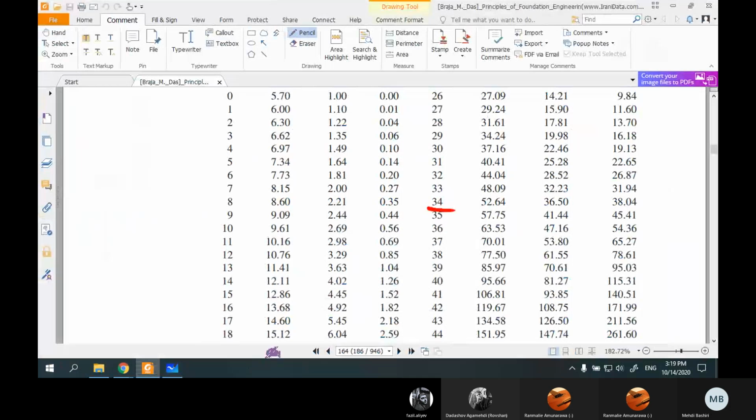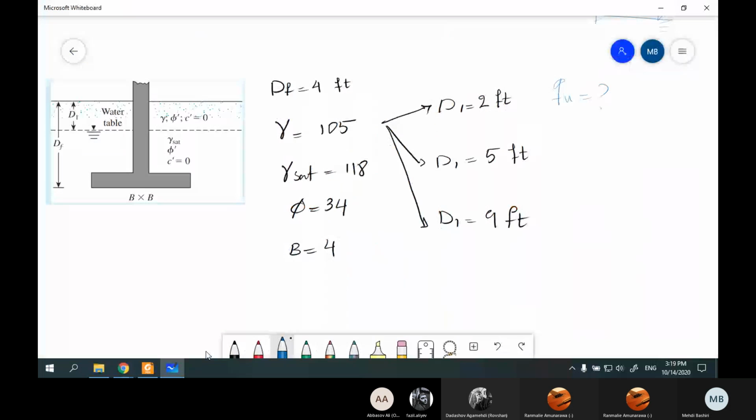Here, this is what? 5. This one is NC, NQ, and N gamma. So 52, 60, 36, and 38. Please solve this one.